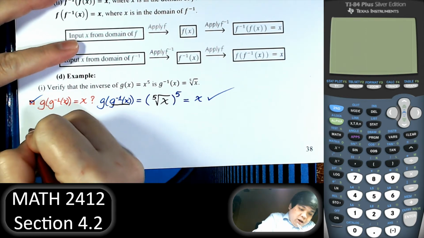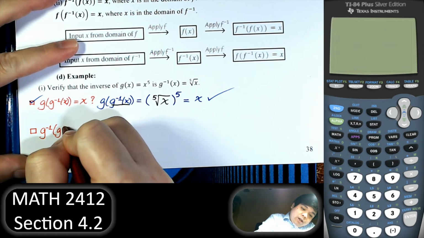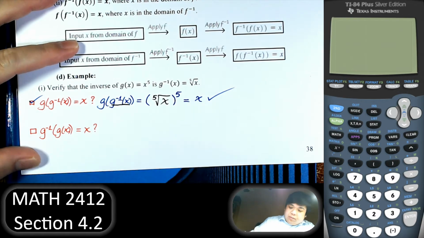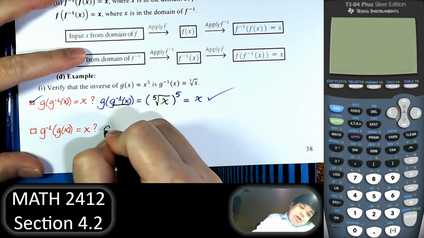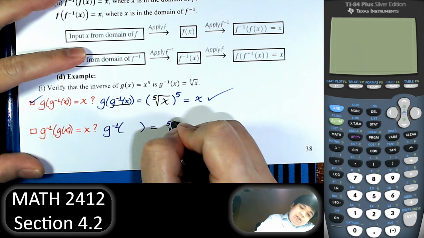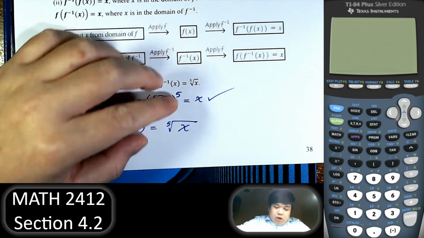Now the second one, of course, we need to check is whether g inverse of g of x is also equal to x. So we start with g inverse, which is the fifth root of something. I should not put x there, I'm sorry.